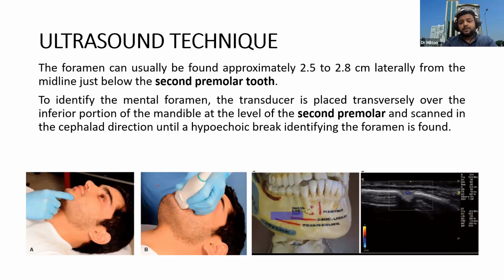After finding the foramen, here we can see there is the break. You can see the arterial pulsation when you apply Doppler, and just beside this there is the nerve.